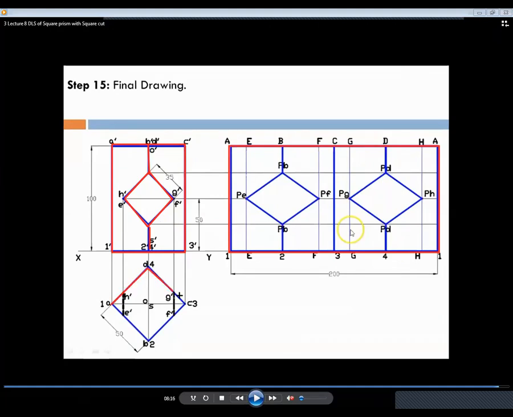In top view also, this one is dark, and these parts are also dark. Then capital C and 3, this line should be dark. Whatever lines I have joined with red color, all these lines are dark.